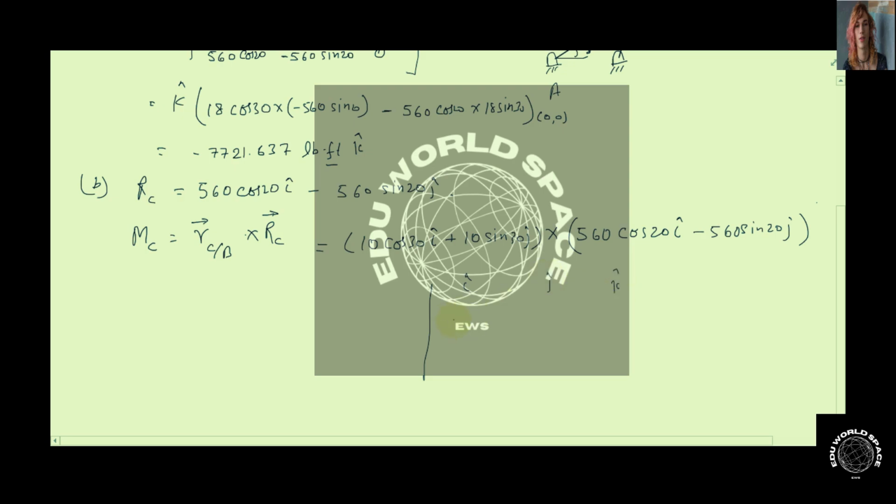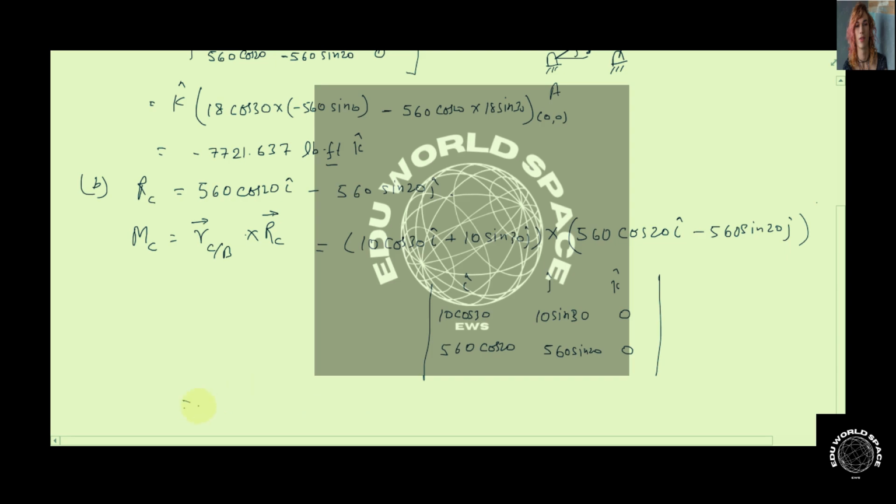The i cap component of the position vector is 10 cos 30, j cap is 10 sin 30 and k cap is 0, and for the force this is 560 cos 20, this is minus 560 sin 20 and this component is 0.